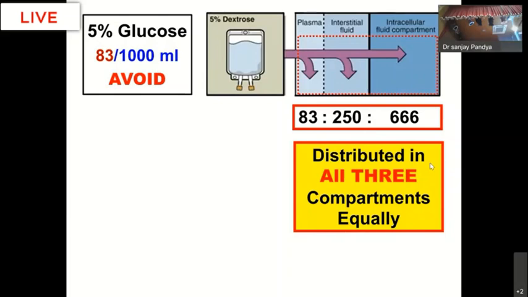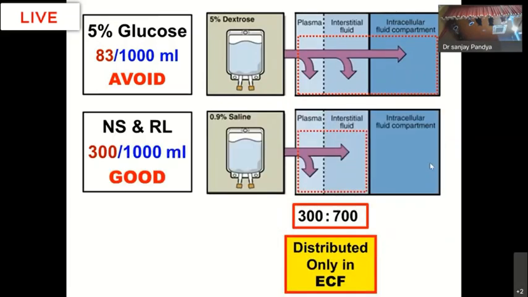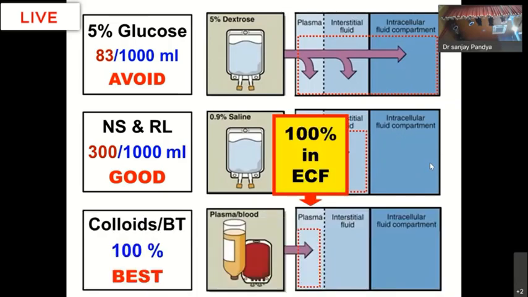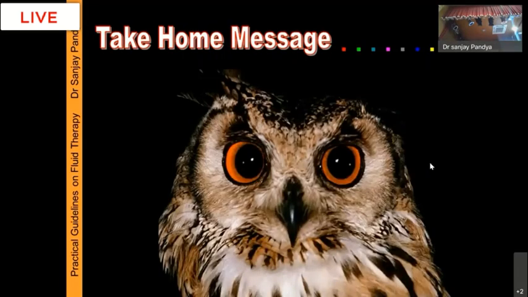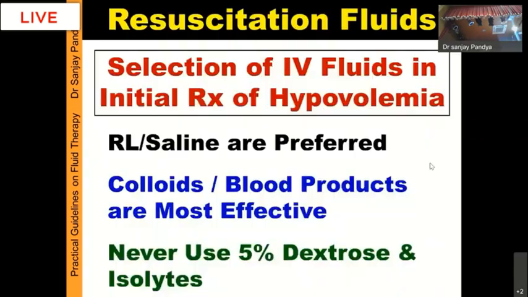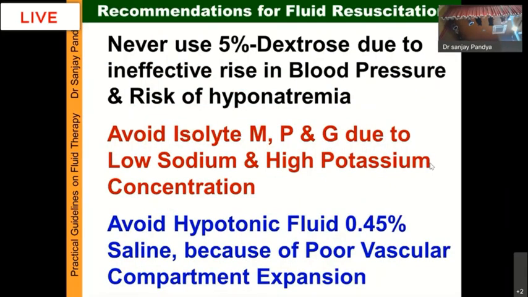Okay, so considering that dextrose is ineffective, saline is very good, and colloid is best, the question arises: whenever you see a patient, keep your eyes open and provide the right kind of fluid. RL and saline are preferred. Colloid and blood are most effective. Never use 5% dextrose or Isolyte. 5% dextrose we don't use for 2 reasons: ineffective expansion, and moreover, when there is hypovolemia, there is associated sodium loss.